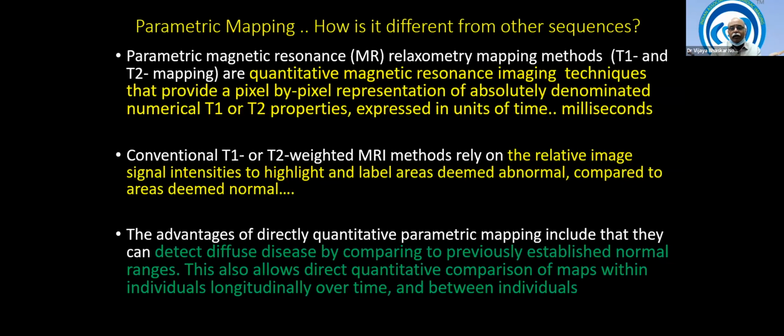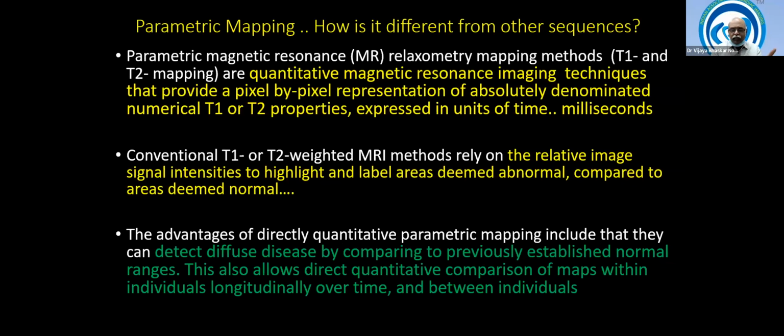Why is it important? In other sequences we don't have numbers like 900, 950, 1000, 1050, 1100. What is the advantage of having numbers?